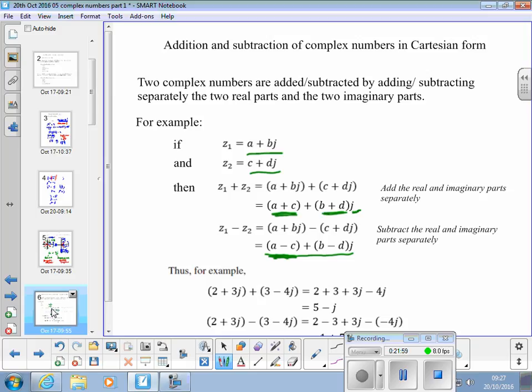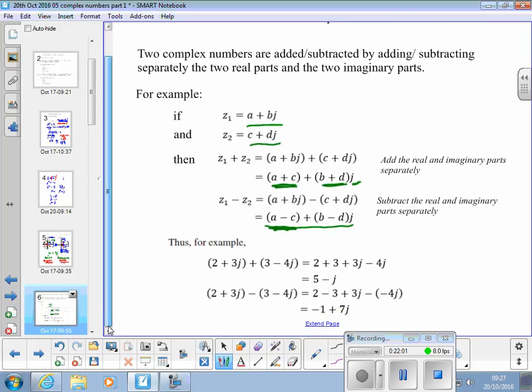Alright? So in the example down the bottom we've got 2 plus 3J, and we're going to add to that 3 minus 4J. So we do 2 plus 3 for the two real parts, and we do plus 3J minus 4J for the imaginary parts. We end up with a result of 2 plus 3 is 5, and 3 minus 4 is minus J. Okay?